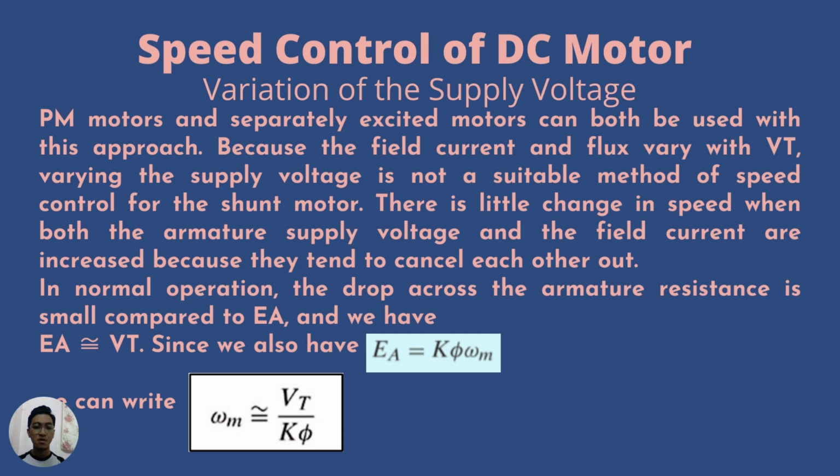In normal operation, the drop across the armature resistance is small compared to Ea, and we have Ea approximately equal to terminal voltage. Since we also have Ea equals K phi omega m, we can write omega m approximately equal to terminal voltage over K phi.